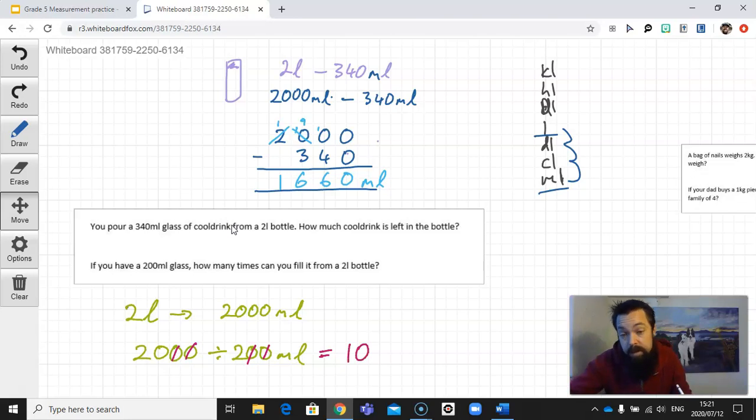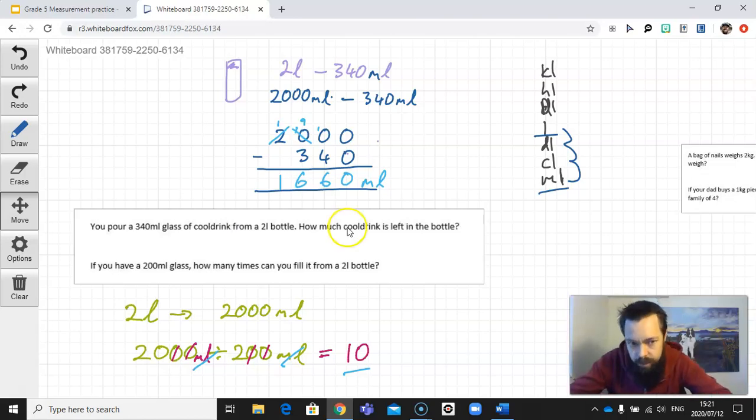Now it's not milliliters, because we wanted to know how many times the milliliters went in. If you want to think of it like this, then the milliliters cross each other out as well, but perhaps don't think of it like that. Just think of it, we're actually looking for a number of glasses, and so it'd be 10, not 10 milliliters. So the answer is that we can fill it 10 times from the bottle.